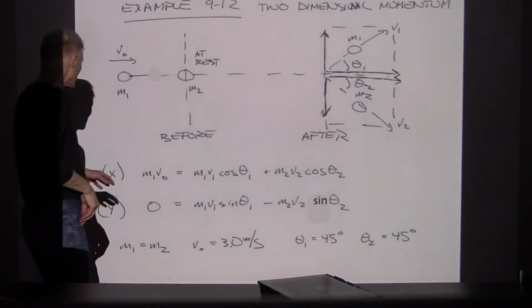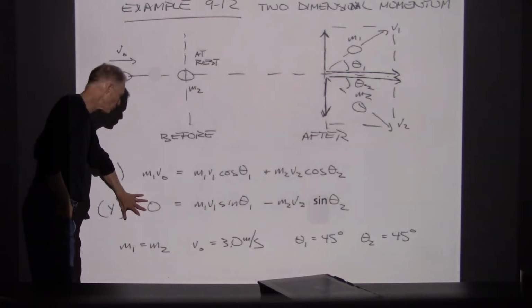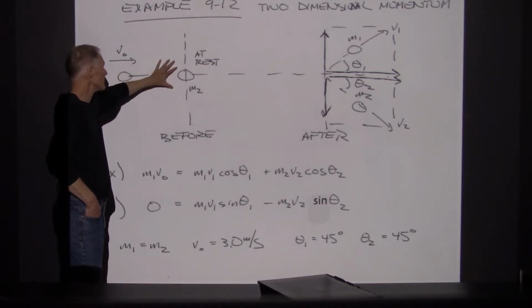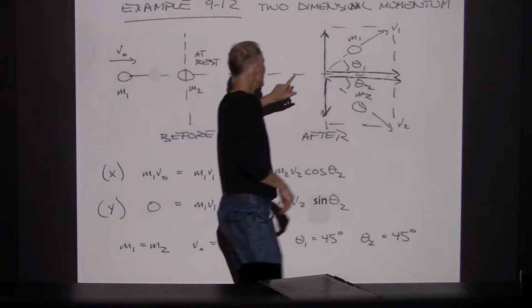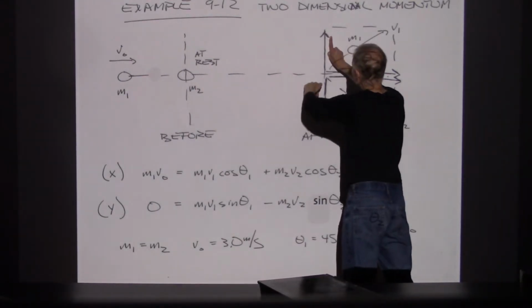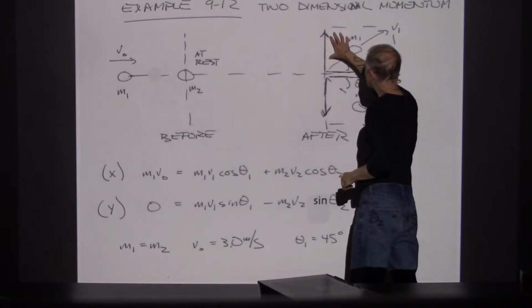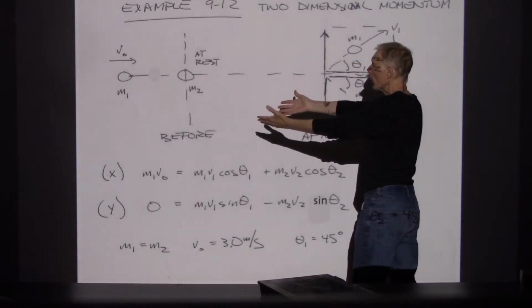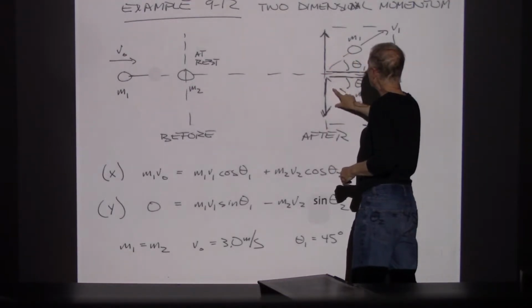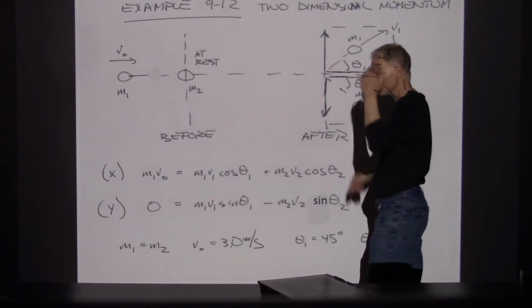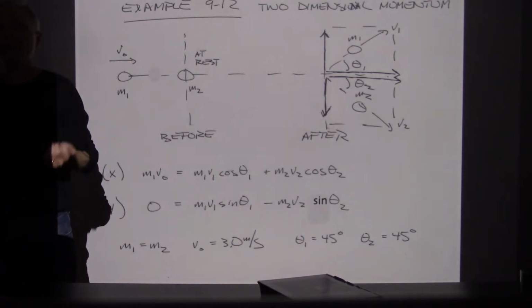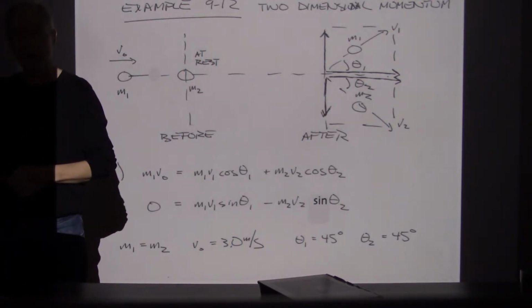Now in the y direction, we start out with no momentum whatsoever, so this is zero momentum in the y, but after the collision, each of the objects ends up with some momentum in the y direction. Well, how can we start out with zero and then end up with these two momenta in the y direction? That will work as long as the momenta are equal and opposite.